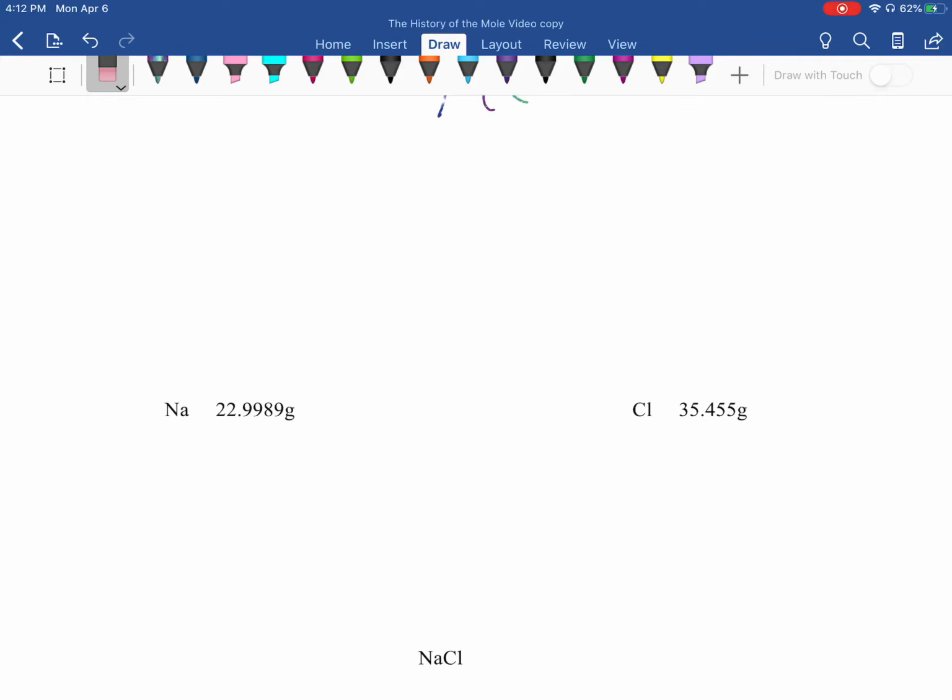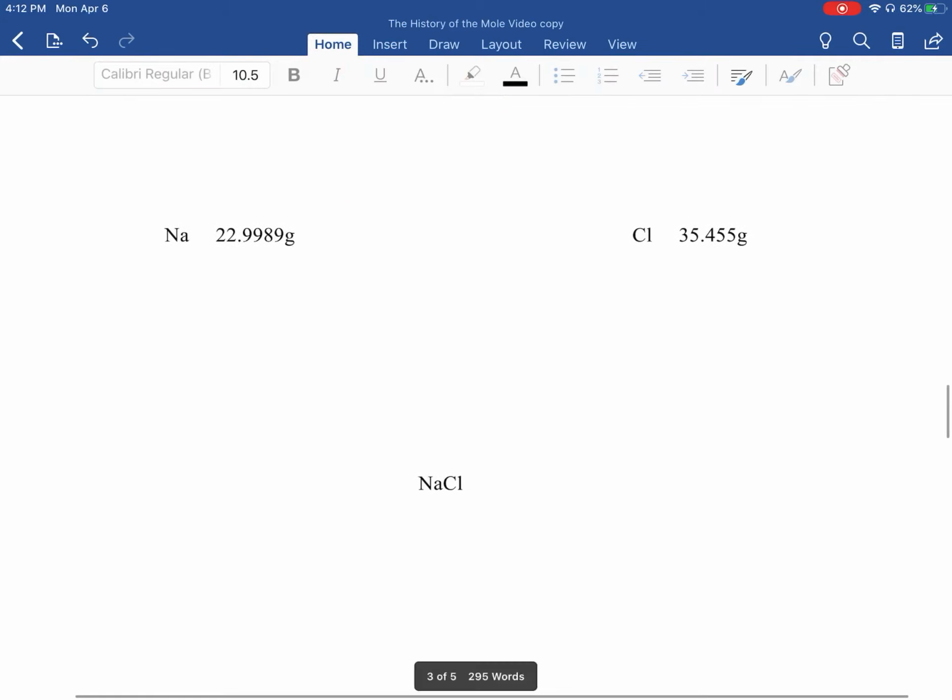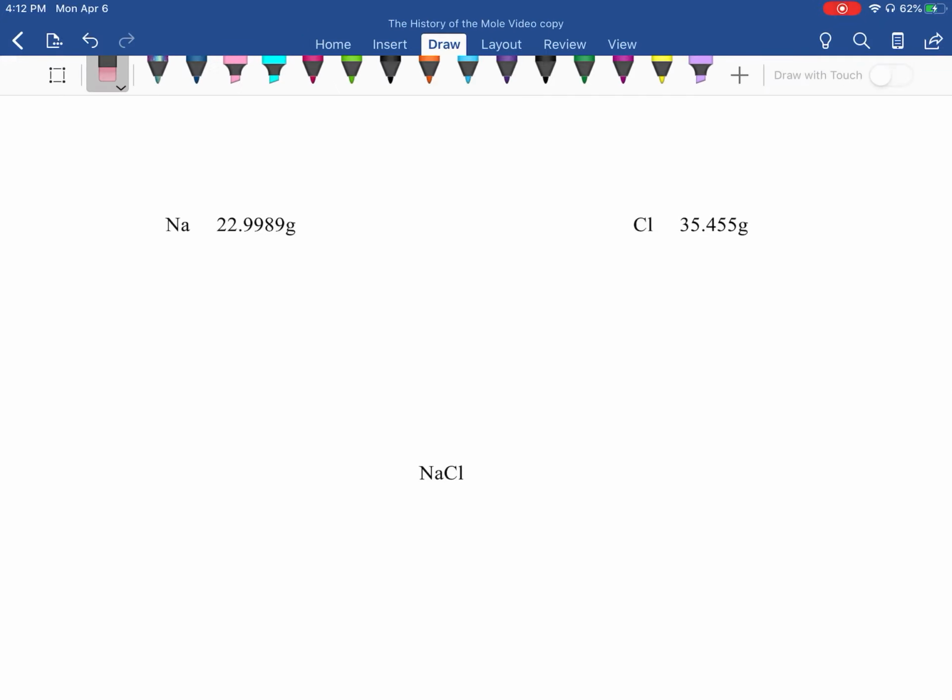So let's kind of scroll up and give ourselves some space here. Okay, let's take sodium. If you've got 22.9989 grams in a mole, and that is equal to your Avogadro's number of atoms. Atoms is our elementary entity. Okay, so this is awesome.